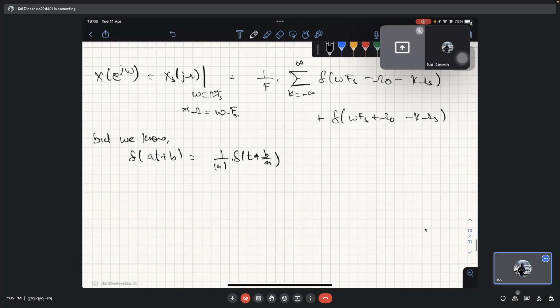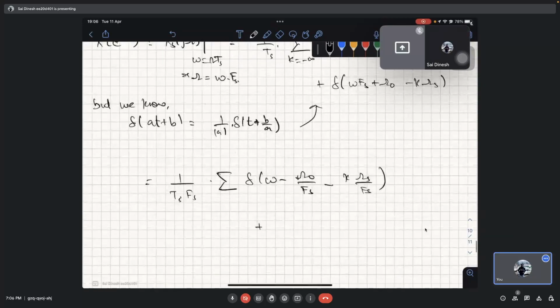What we know? If we apply this, we have 1 by Ts into fs into the sum of delta of omega by fs plus delta of omega by fs.